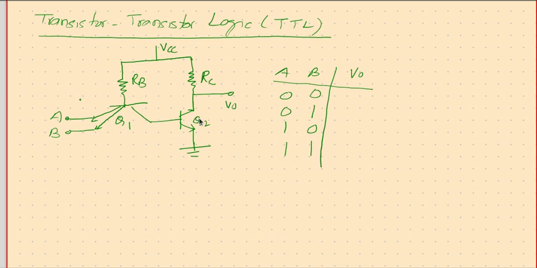And if this is cut off, no current is flowing, no drop across RC, therefore full VCC is available here. So we get a 1 at the output.